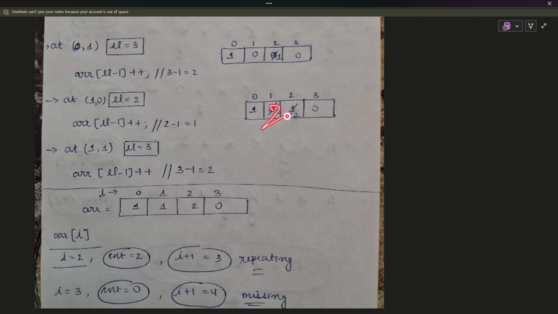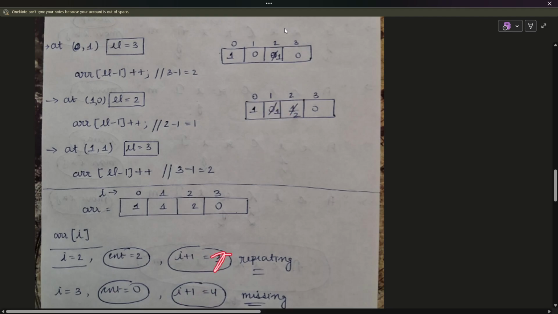The frequency 2 represents that the element has occurred twice. At which index has it occurred twice? The 1st index. So what value will be repeating? 2, because at the time of counting we did L minus 1, so the original value will be 2.